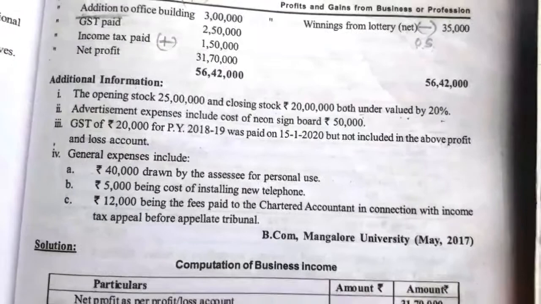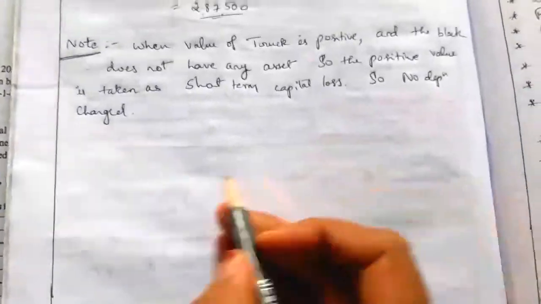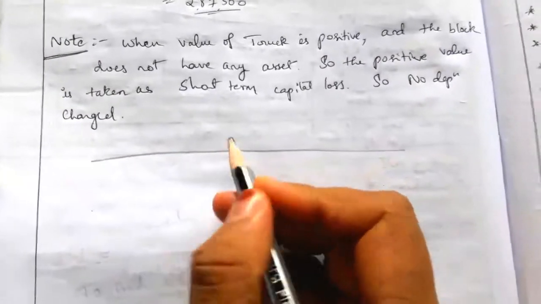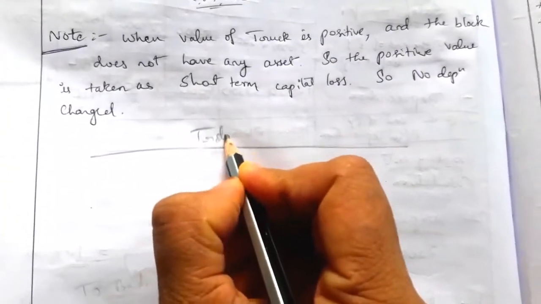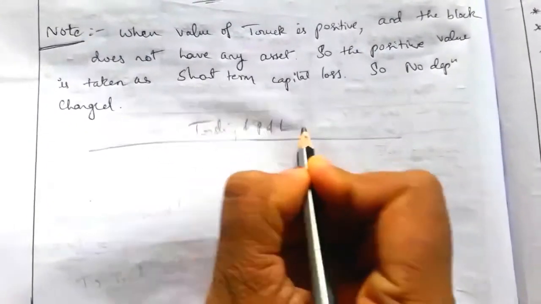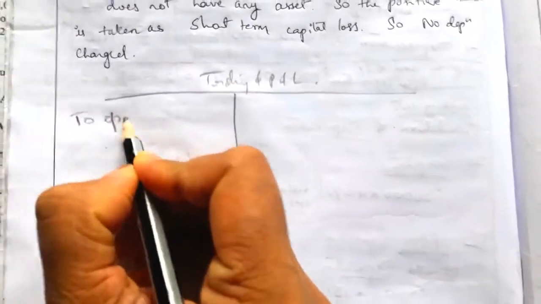So now we'll see once the opening stock undervalued. In the case of undervaluation of opening stock, in the trading and profit and loss account, the opening stock is recorded in the trading. While preparing the trading and profit and loss account, they have recorded on the debit side the opening stock.